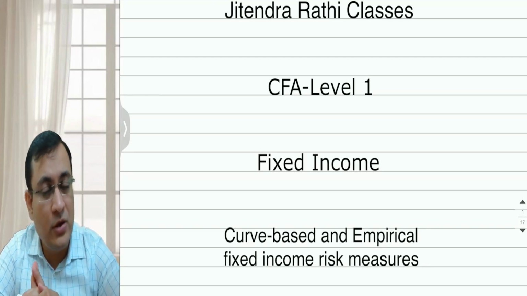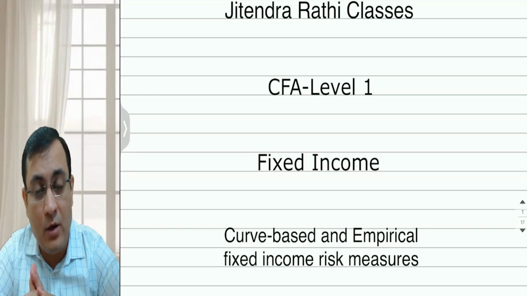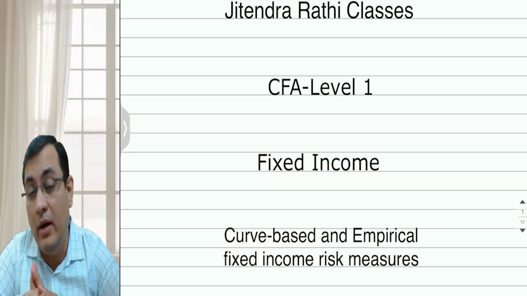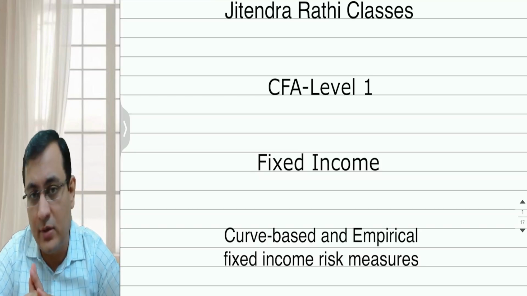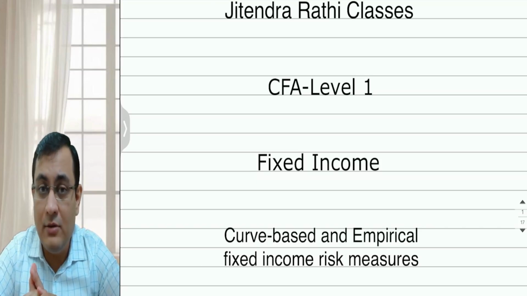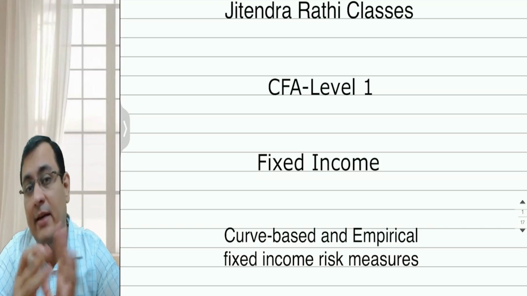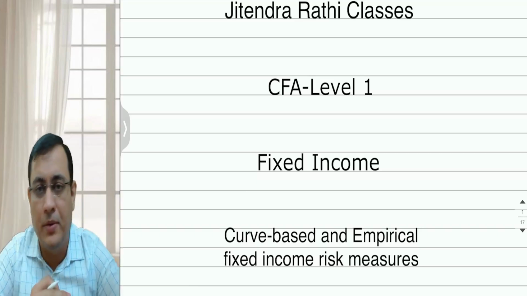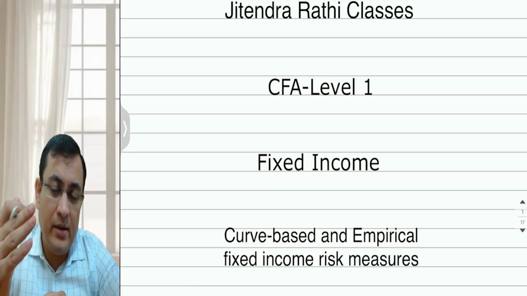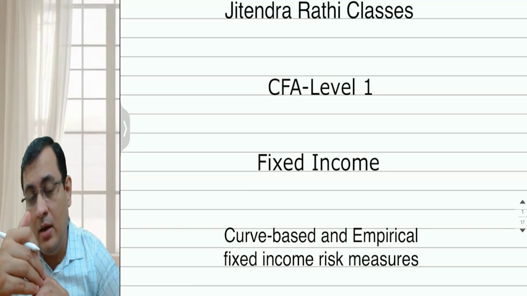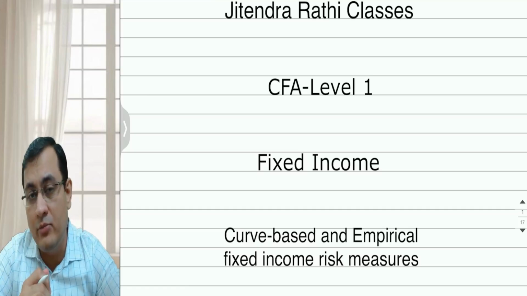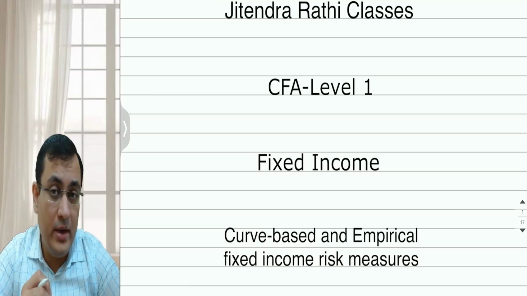In case of a call option, the right is with the issuer to call the bond back for early redemption, and in case of a put option, to put the bond for early redemption, the right is with the investor. Whether they will exercise their right or not will depend on the situation between market interest rate and coupon rate. If market interest rate is higher than the coupon rate, to increase the return, the investor will go for early redemption by putting his bond for early redemption.